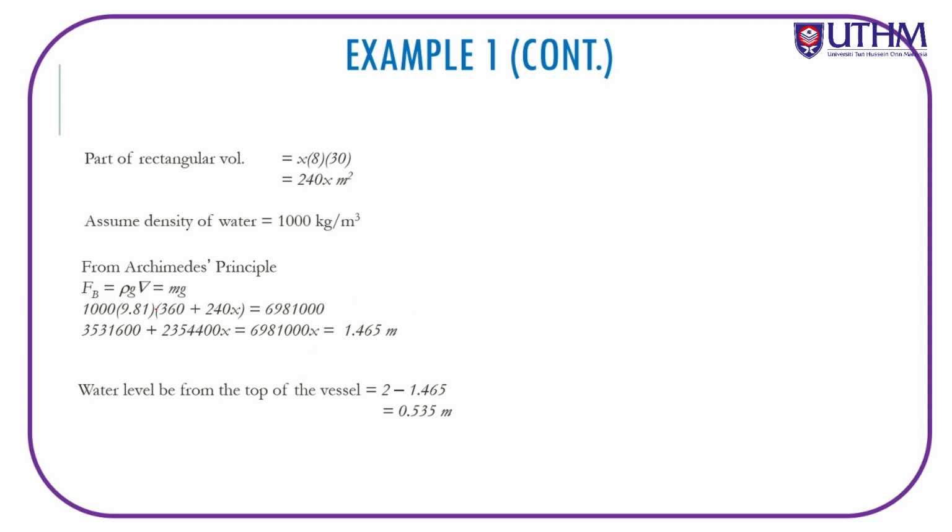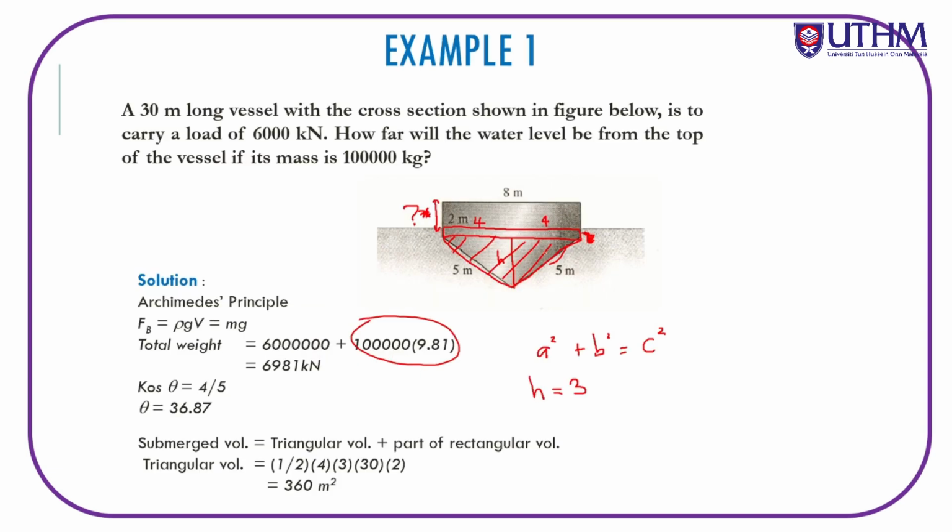Rho adalah 1000, g ialah 9.81 dan volume displaced tadi ialah 360, which is the triangular part, dan 240x, which is the rectangular part, equal to 6981 kN. So, kat sini kita dah convert kepada Newton. Dan diselesaikan, kita akan dapat X equal to 1.465 meter.